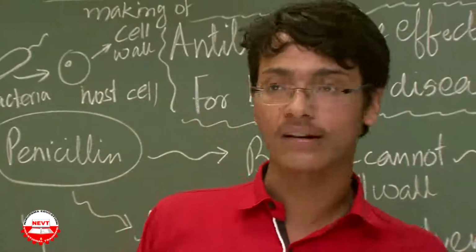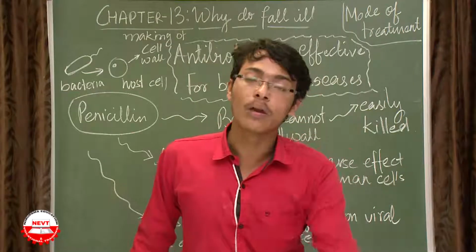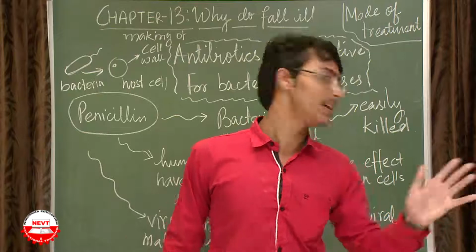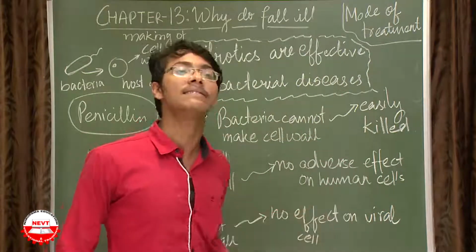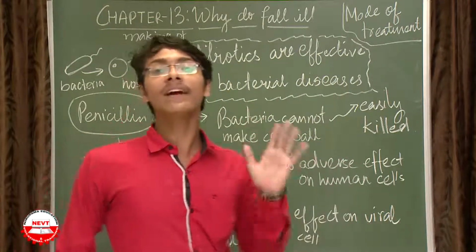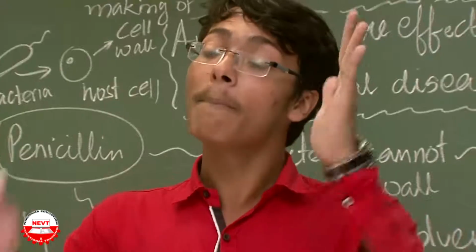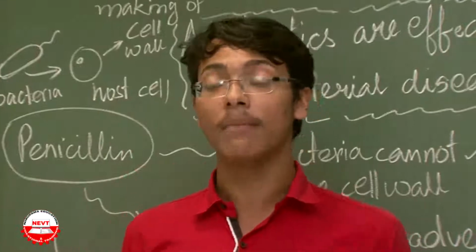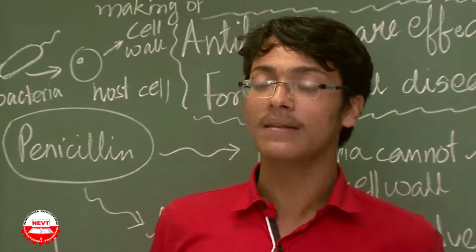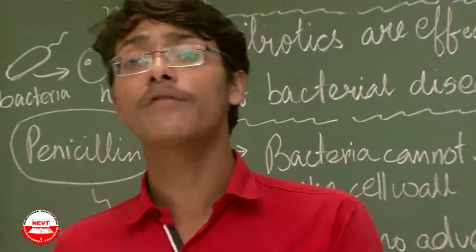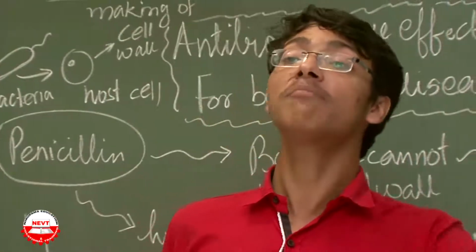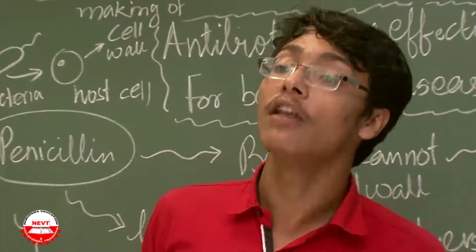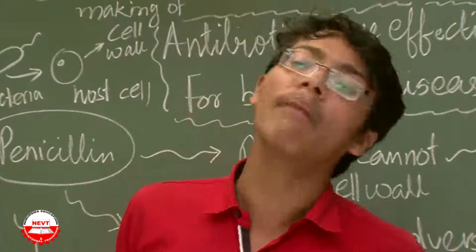Penicillin cannot obstruct anything, the virus proliferates, and it has no effect on the viral cell. So that is why the mode of treatment is important. For bacterial cells, antibiotics are the best way to combat them. But for other groups of microorganisms, the mode of treatment varies. It depends upon the biological property of that particular microorganism.